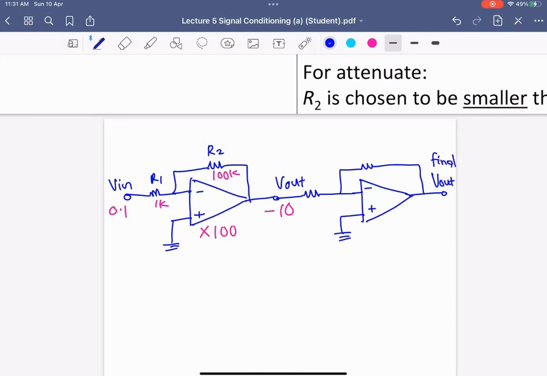On this one, you just choose the same value, 1K and 1K. So what will be this gain? It will be times 1, 1K divided by 1K is 1. So minus 10 volts times 1, you actually get positive 10 volts here. That will be the answer.